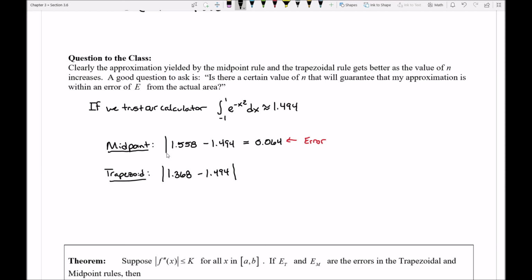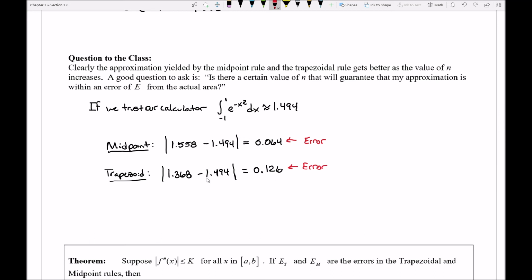In fact, I could do that up here with the midpoints as well. If I take the absolute value, it's essentially saying I want the gap between the numbers, but I don't care if it's an overshoot or an undershoot. I don't care if I under-approximated or over-approximated. I just want to know how far off we are. Well, in this case, I'll end up with a value of 0.126. And again, this is the error in our approximation.